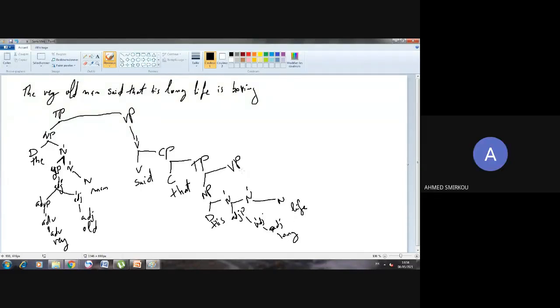Then go back to the VP. We have a V bar. From that V bar we branch the V and adjective phrase. Good.